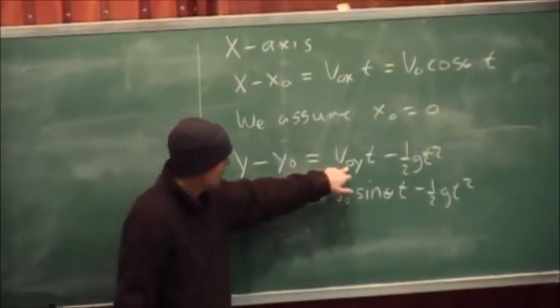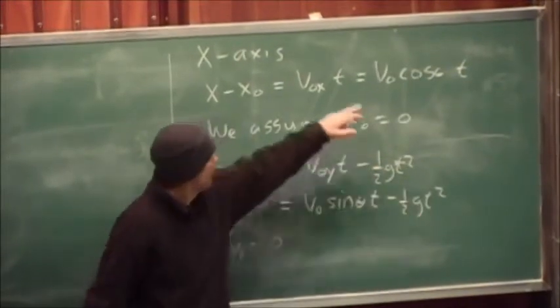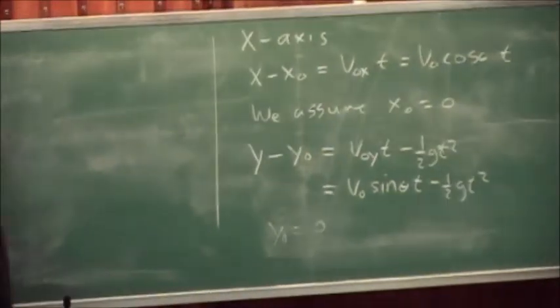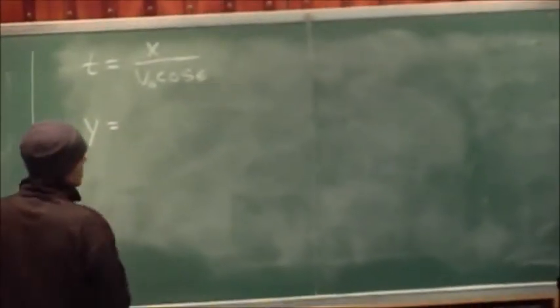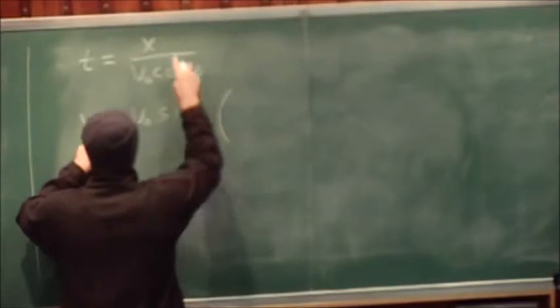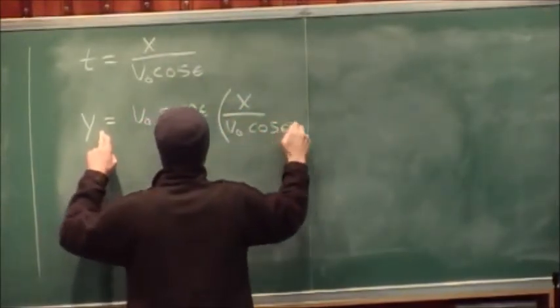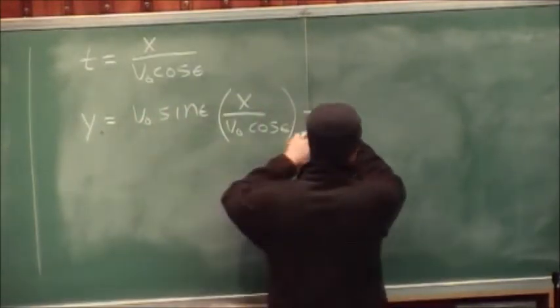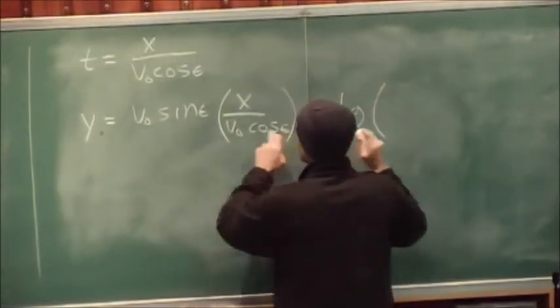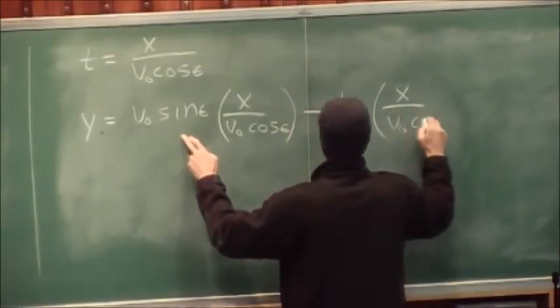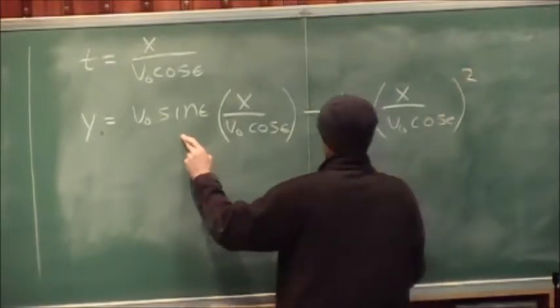And so for y, we're going to plug in the t that we found earlier and see what we get. So y is equal to v0 sine theta, then we put in x all over v0 cosine theta, minus 1/2 g, and then x all over v0 cosine theta, squared.